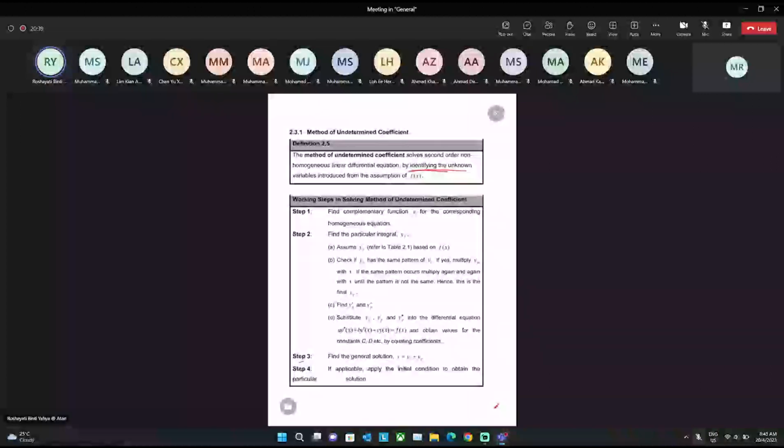Is by identifying unknown variables introduced from the assumption of fx, meaning that you have an fx and then you need to assume what is your value of your fx based on the given table. Table will be given because it has standard table.